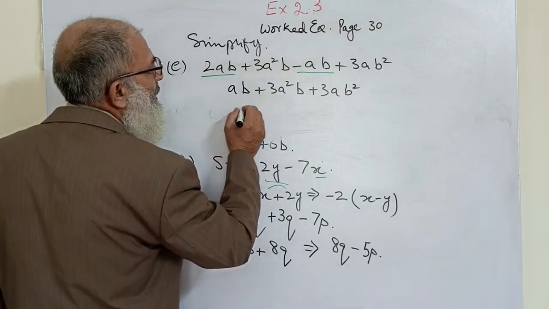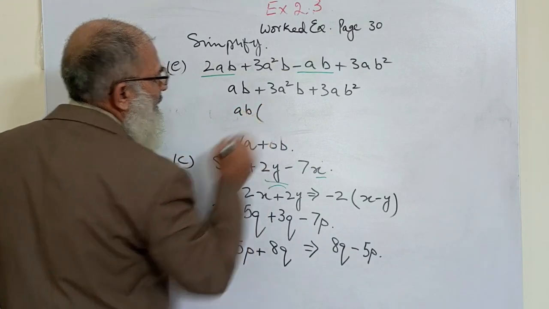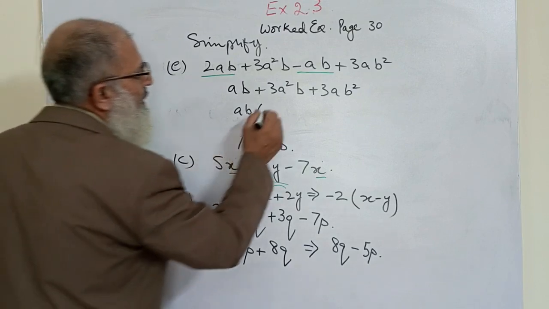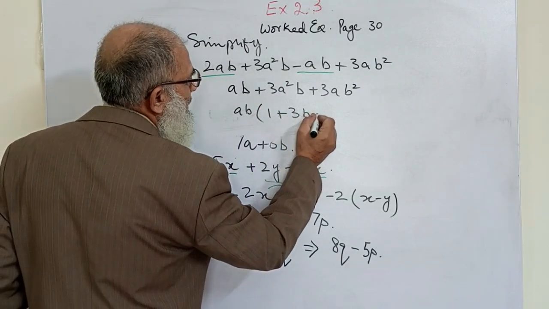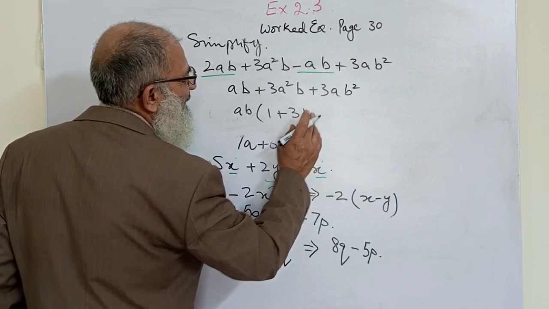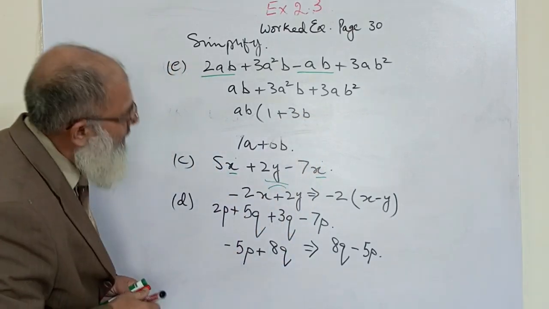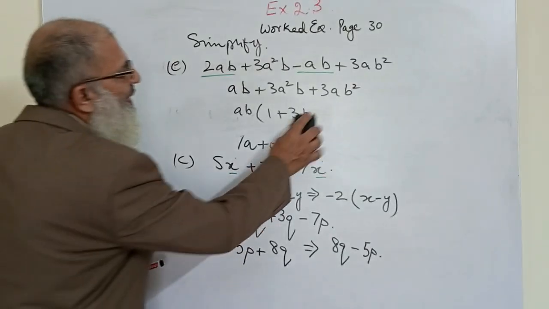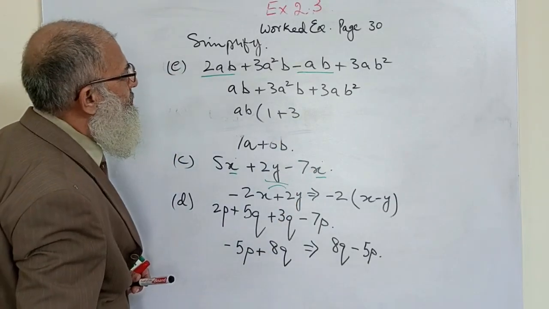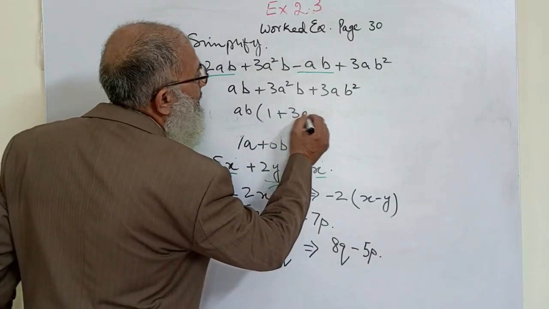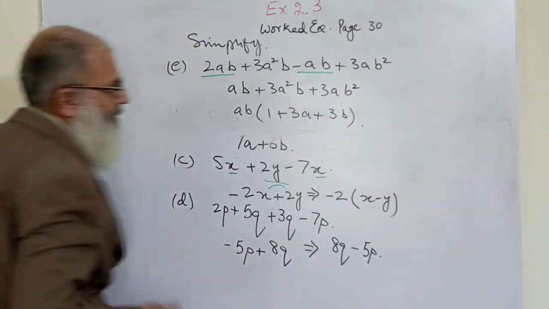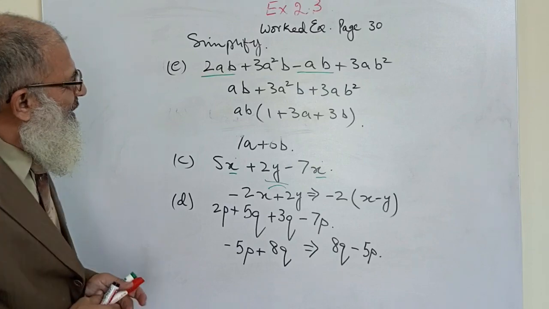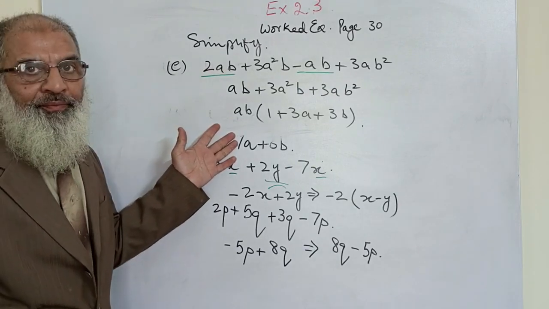Yes, you can take common out of it: ab times 1 plus 3a plus 3b. Both answers are valid.